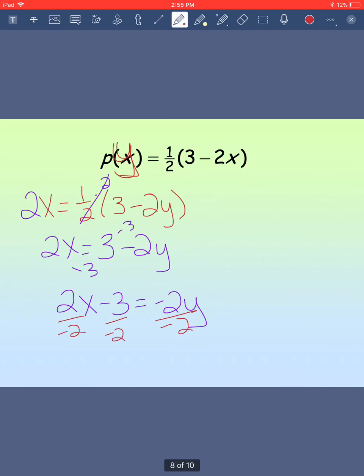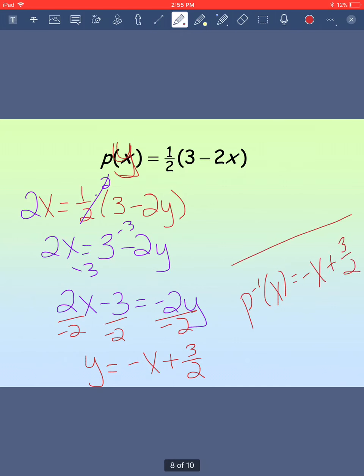I'm going to do that to everything. So I get that y equals negative x plus 3/2. And my last step is to put it in inverse notation. So my original equation is p of x. So my new function is going to be the inverse of p of x equals negative x plus 3/2.